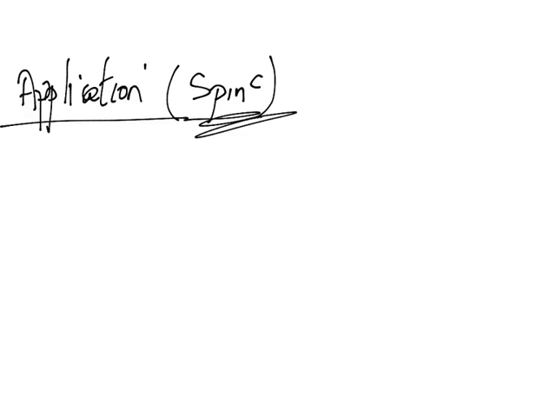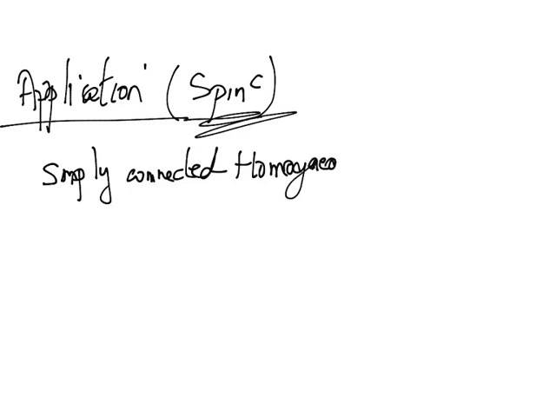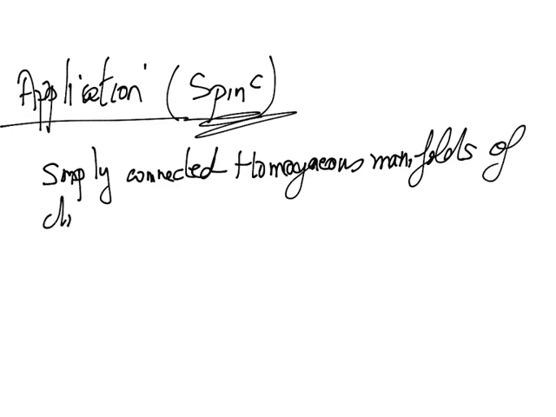So I'm going to talk a little bit about homogeneous Riemannian manifolds. What are the simply connected homogeneous manifolds of dimension 3?